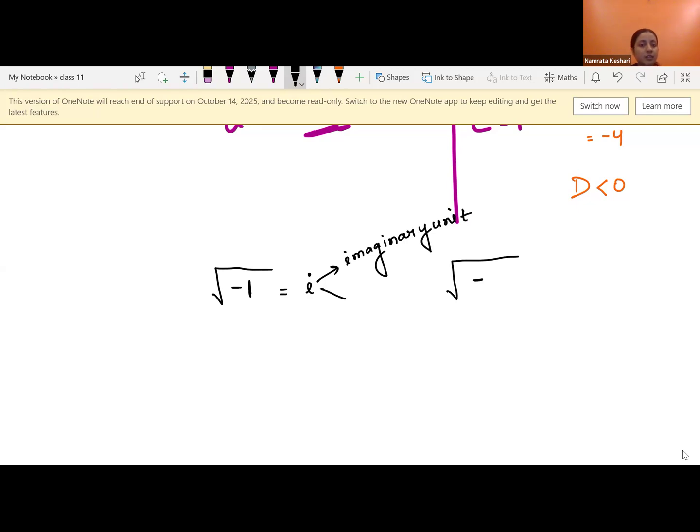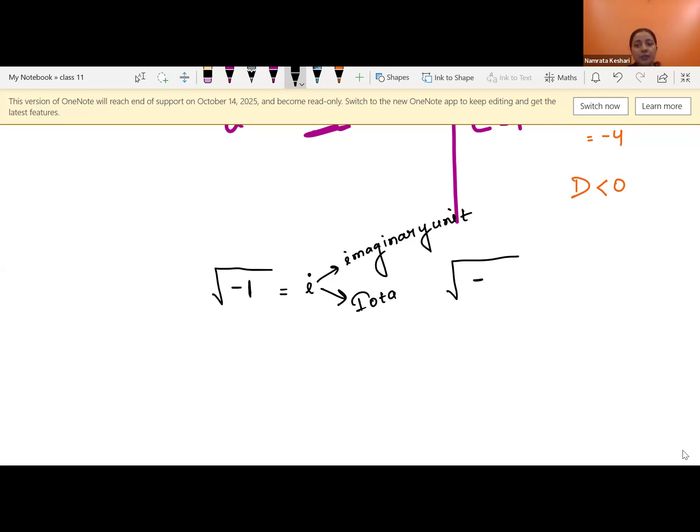We also call it iota. Whenever we have under root minus 1, we can represent it with I.